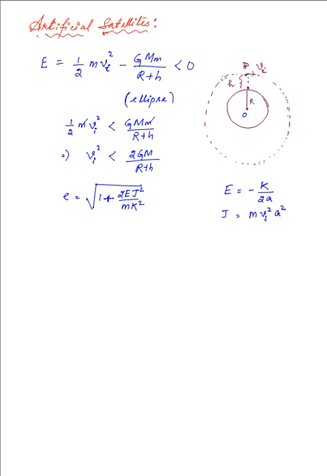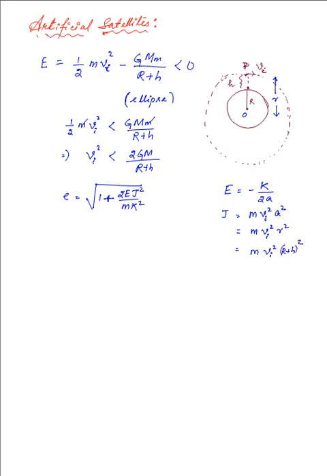Now, a here is going to be equal to r, where we can take this entire distance as small r, where small r is equal to R plus h. So this is m v_i² r², which is also equal to m v_i² (R + h)².